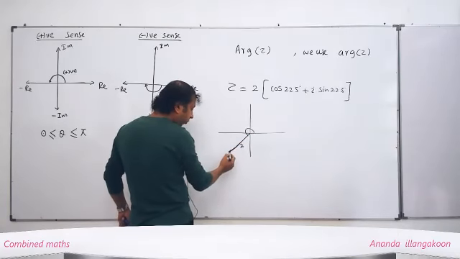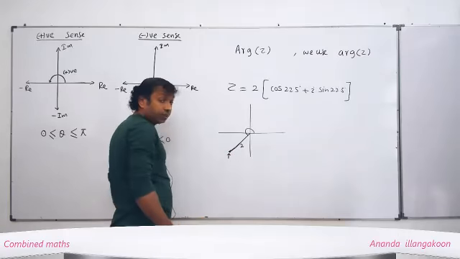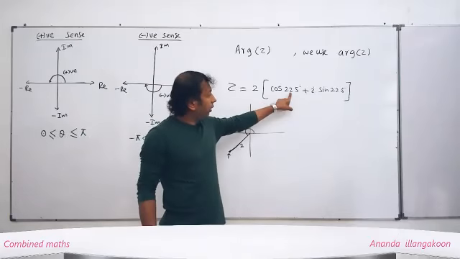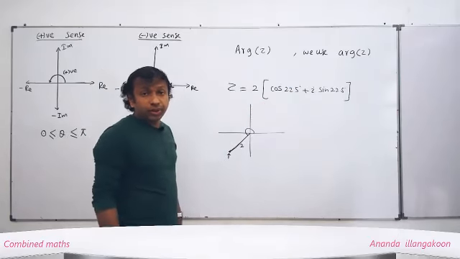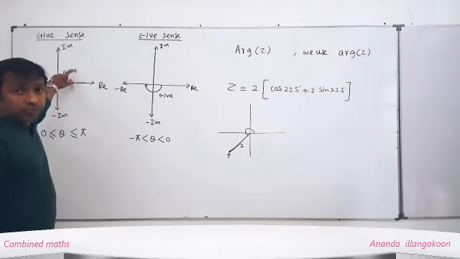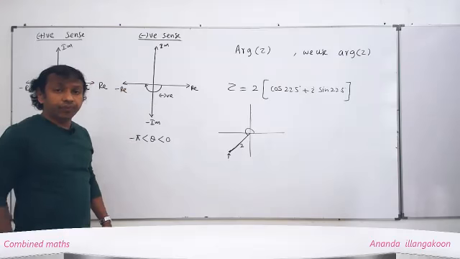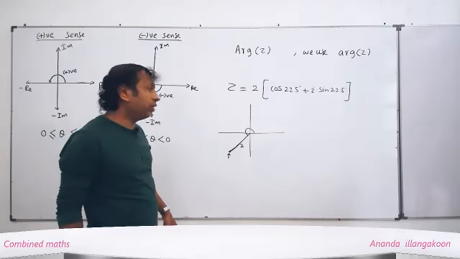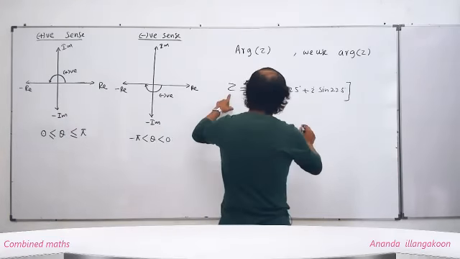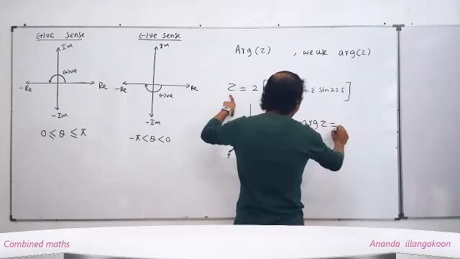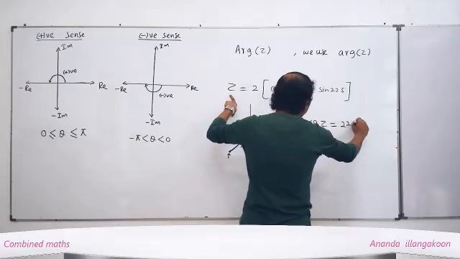The ending point is this point. By this point, we get the real part and imaginary part. In this case, you see the argument has exceeded the positive 180. That means the argument is not in the principal range. That's all right, never mind. Then in this case, when we write arg of z, since this is not in the principal range, we write it like this: arg z equals 225 degrees.